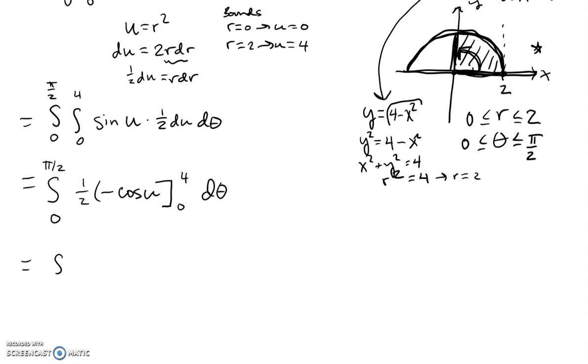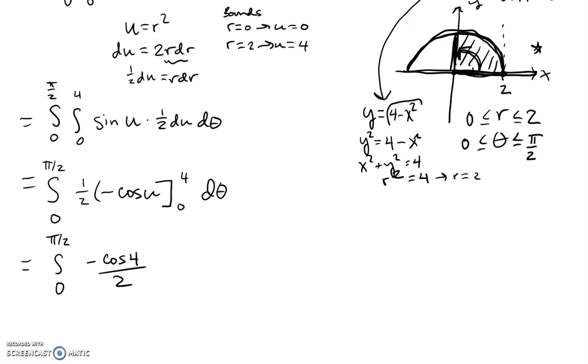So then we're going to have the integral from 0 to pi over 2. We'll have negative cosine of 4 all over 2. Notice it's not a particularly nice trig evaluation, right? It's not one of our cosine values that's a reference angle.